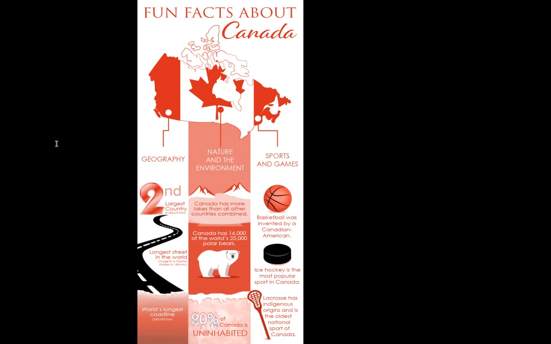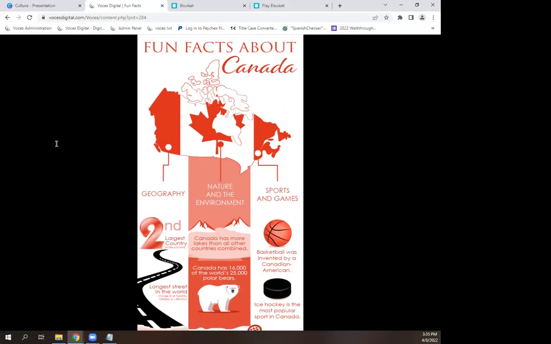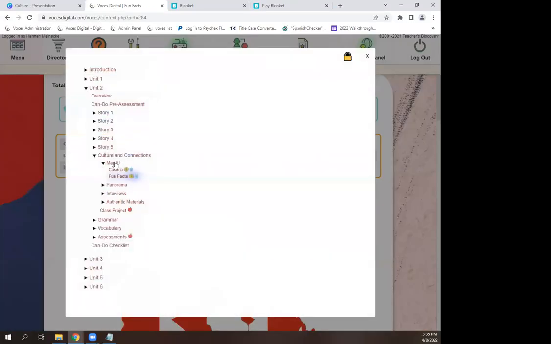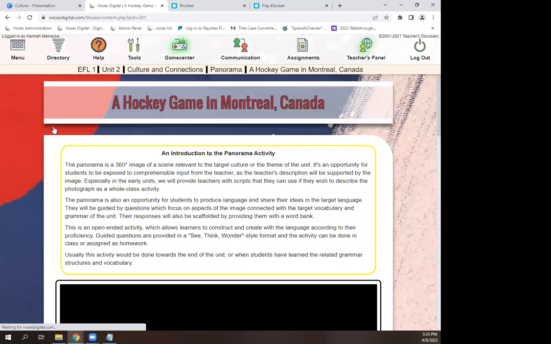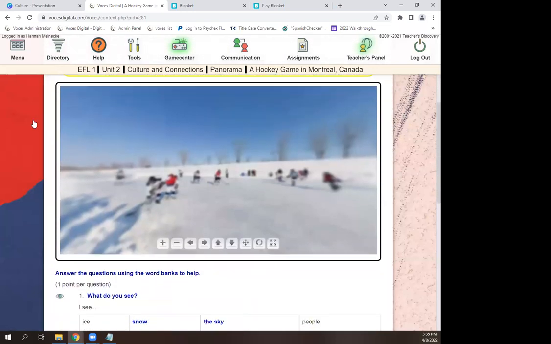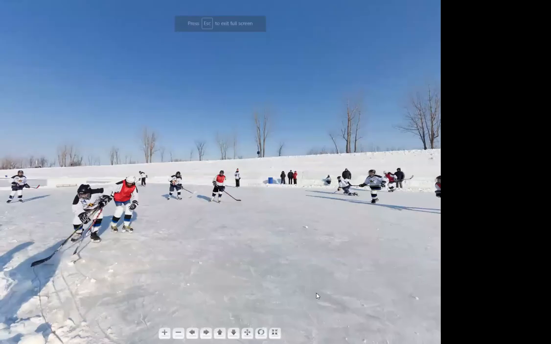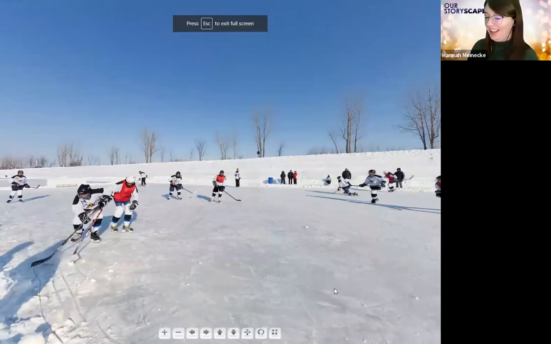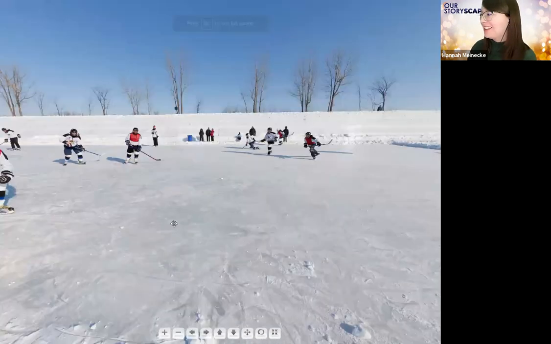Let's go to the panorama to take a look at the ice hockey game, which was, I was imagining like a basketball court. I was like, is this a hockey game? Wow.